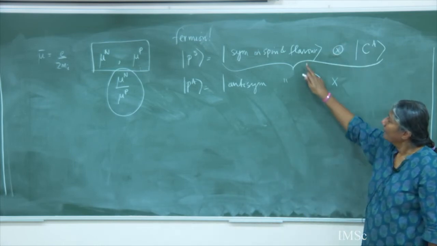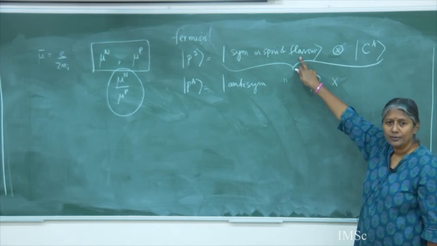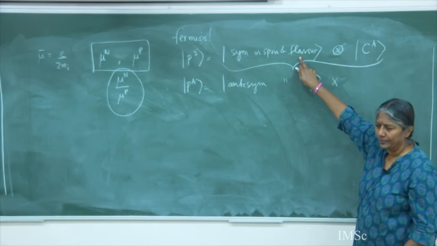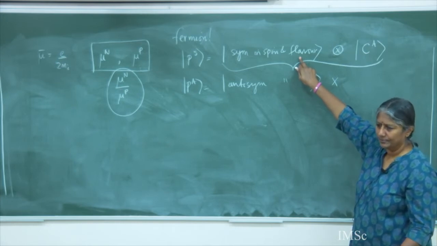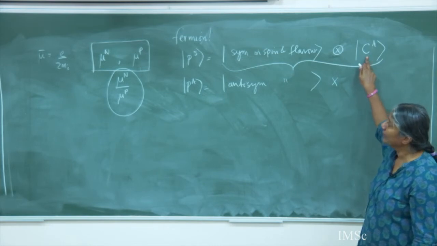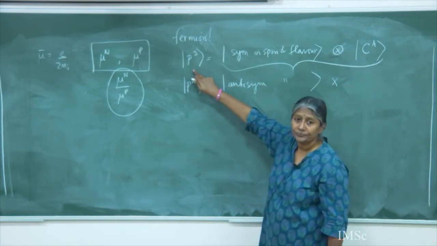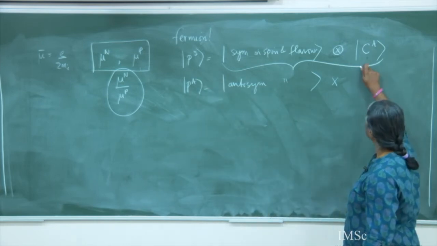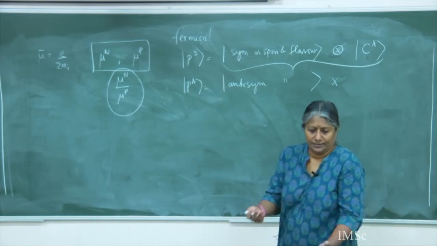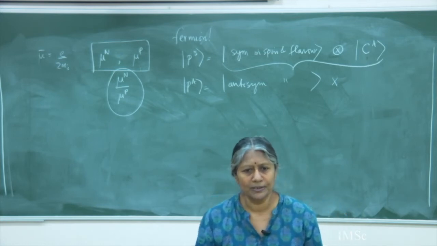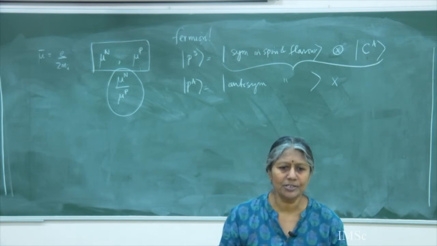Since this part of the wave function gives you magnetic moment predictions which are in agreement with the data, to make a completely antisymmetric fermionic wave function there must be some extra piece, and that we postulate is the color quantum number, and the color part of the wave function is antisymmetric.